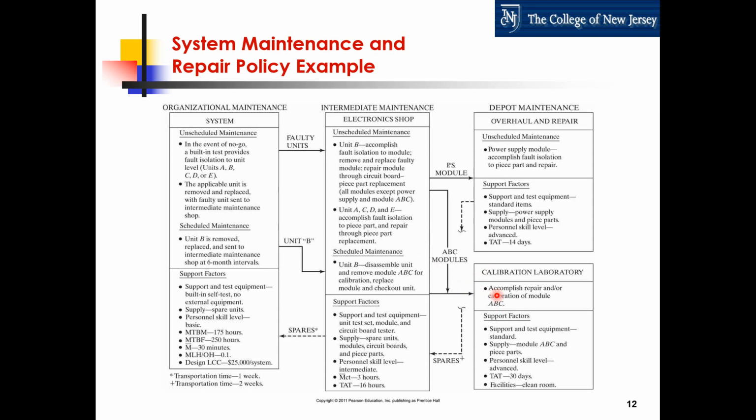And then you have support factors or metrics here. So as an example, this is not comprehensive, but some of these elements: mean time between maintenance. We want to be able to go 175 hours without any maintenance.